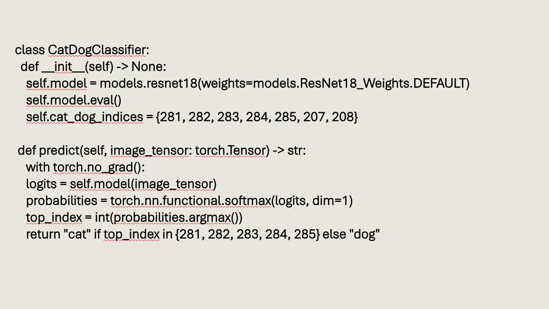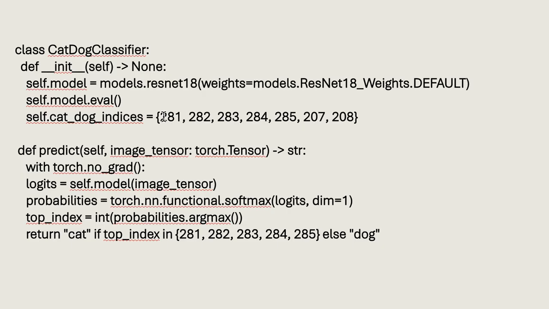So we have the pre-trained model and prediction logic, and to make the code clean and reusable, we used a class. Model initialization is when it starts. We are loading the ResNet 18 model in this function, because we need all these three lines of code to get started with the model.